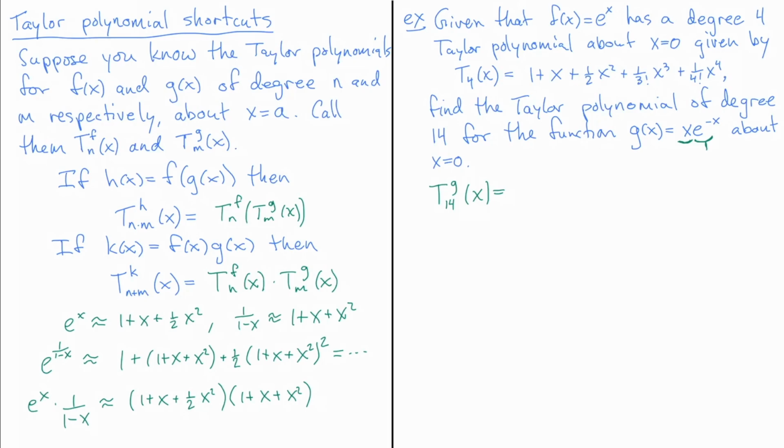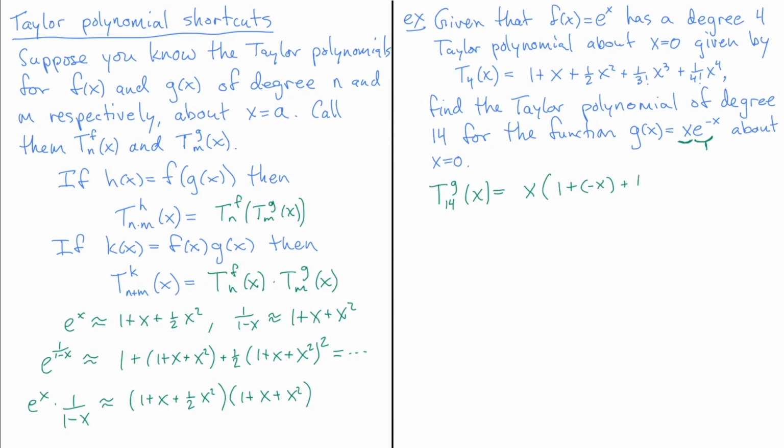So here when I take the product, I'm going to take x multiplied by the Taylor polynomial for e to the x, which is 1 plus, and normally for e to the x I would just write down x, but it's minus x plugged in there, so I'm going to use the composition. And the Taylor polynomial of minus x is minus x, at least for degrees greater than or equal to 1.